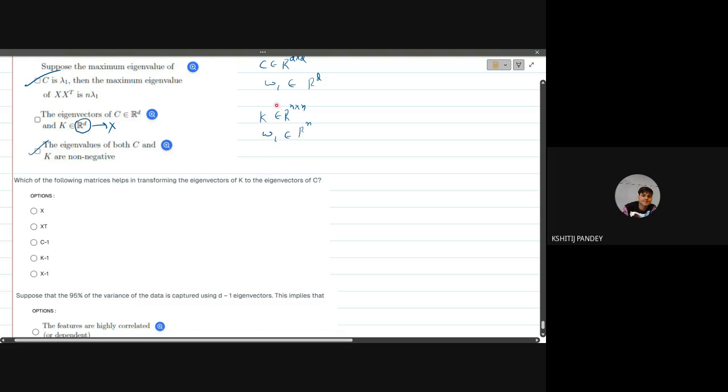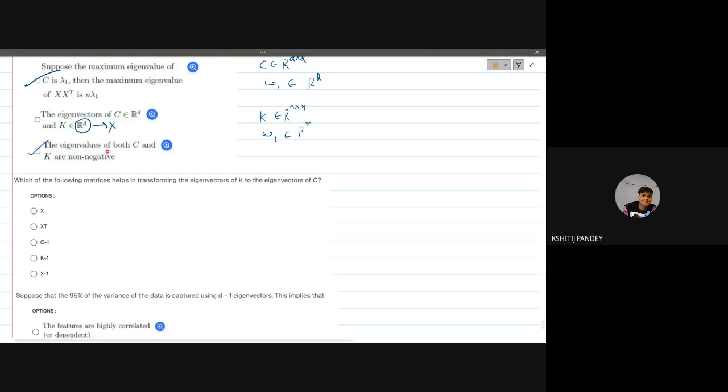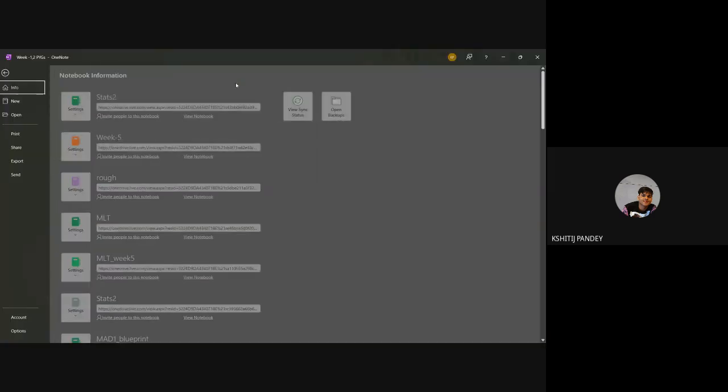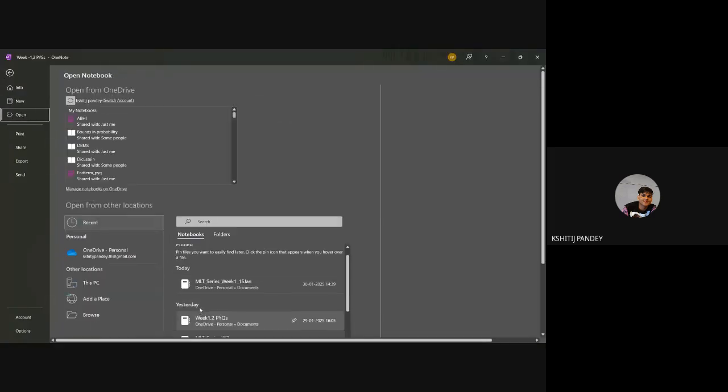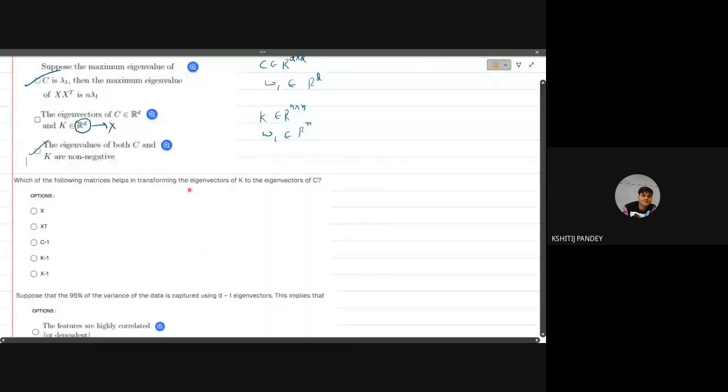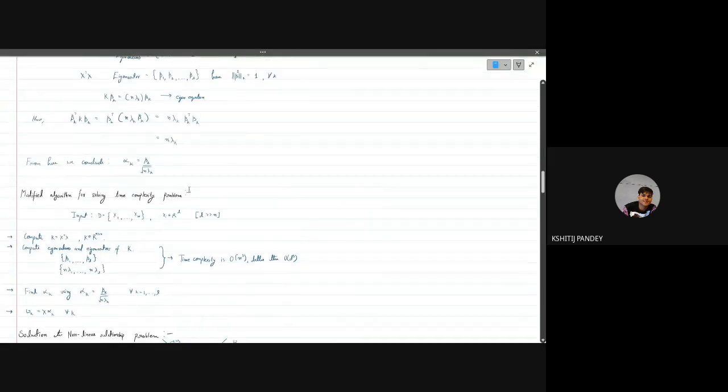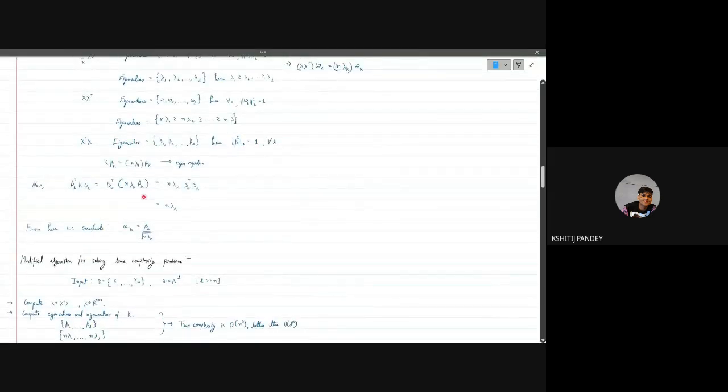So how do we go from the eigenvectors of K to the eigenvectors of C? We have done that already in week 2. So this right here is the eigenvector of K. From here we move to beta.